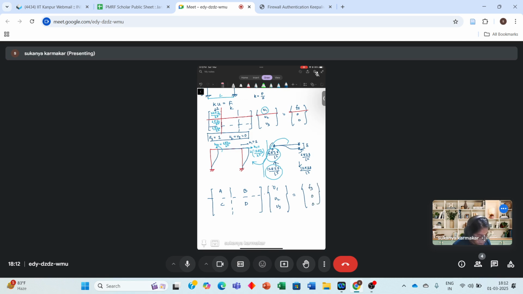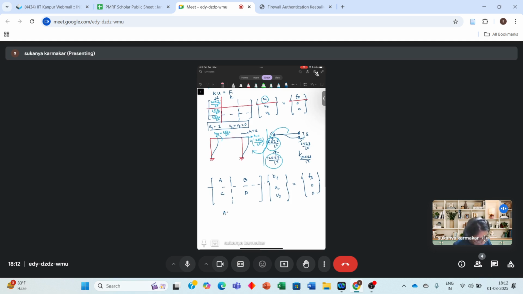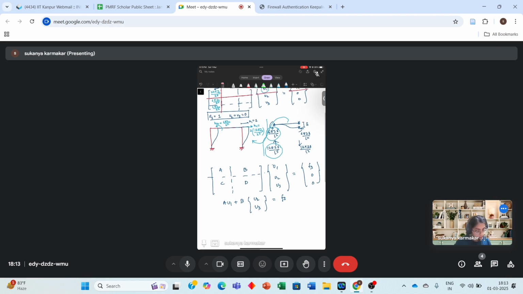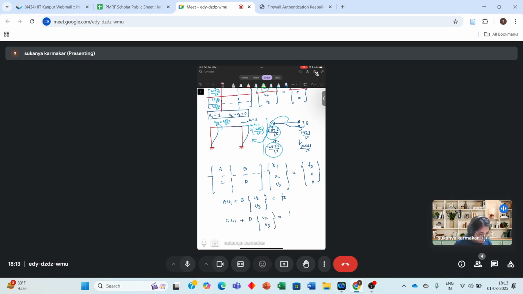Fs, 0 and 0. So you can write that A into U1 plus B into U2 and U3 is equal to Fs. Can I write this equation? Simply C into U1 plus D times U2 and U3 is equal to 0.